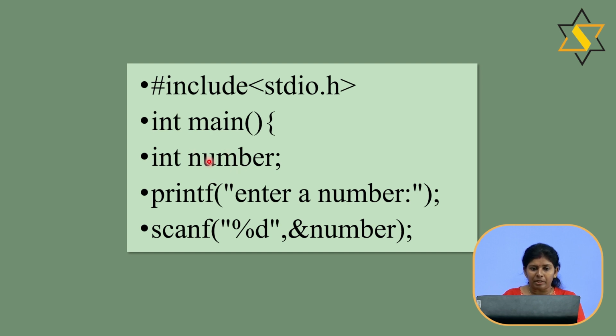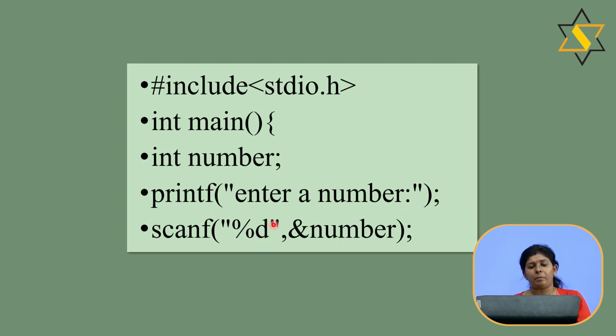If your variable, number, is of type int, then you must define inside the format %d. If you are using float, then define %f. If you are using a string, then define %s. If you are using a character, then define %c.